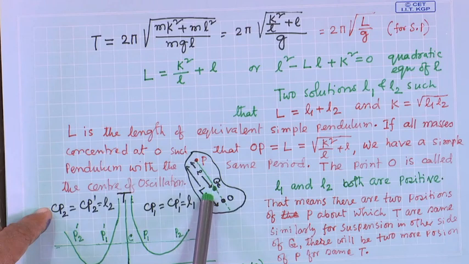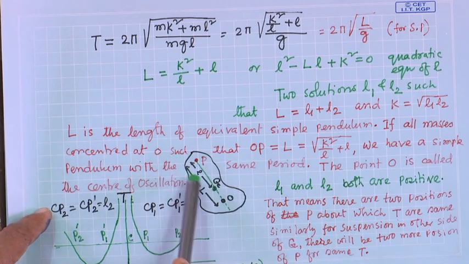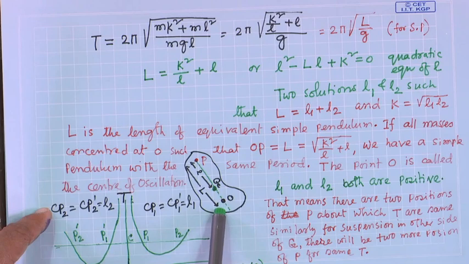So there are two positions from G, one at distance L 1 and another at L 2. Similarly, if you go to the other side of the center of gravity, with the point of suspension on the other side, you will again get two values, L 1 and L 2, and there also the time period will be the same.